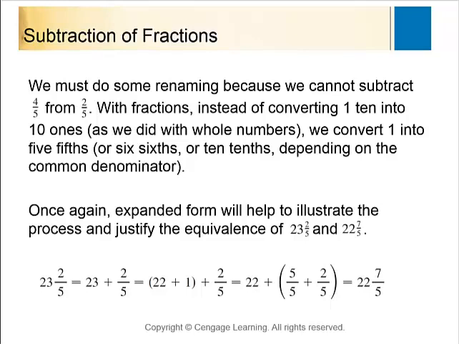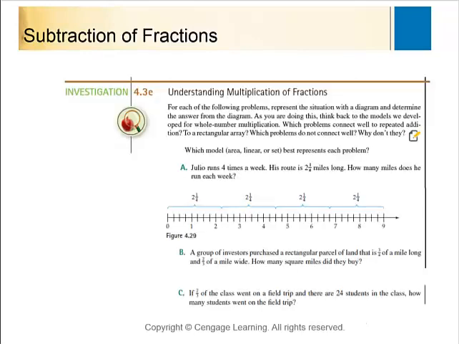Another way to look at these is to break it apart as this whole number here and see that, which in essence was what we did in order to make it 2 and 7/5.